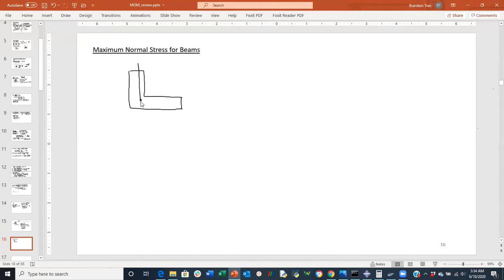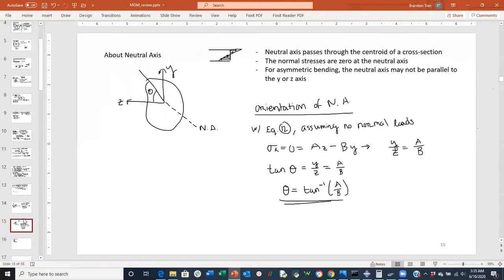And my y, just to be consistent, that's my y and that's my z axis right there. Obviously x is coming towards us. And say we have the neutral axis about there. We found what this data is from earlier.